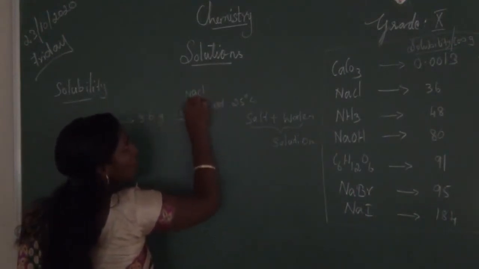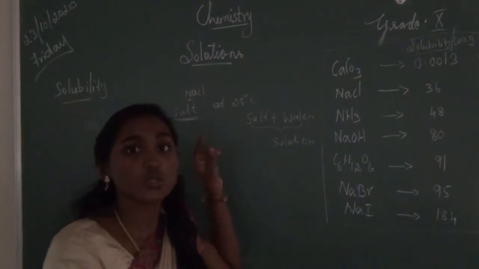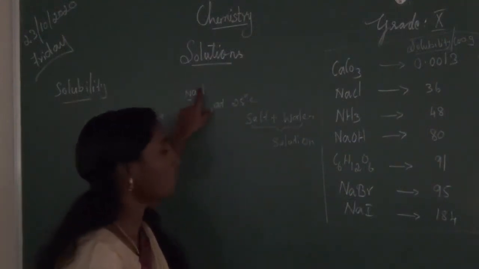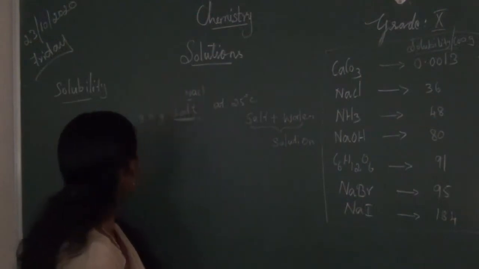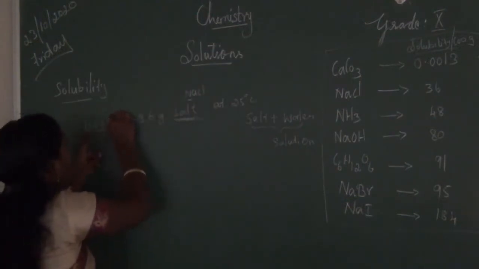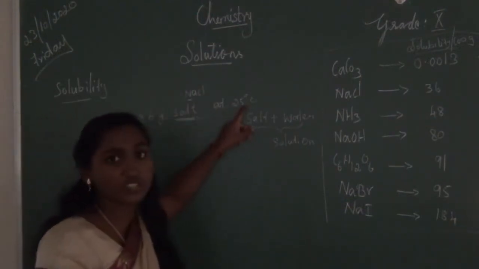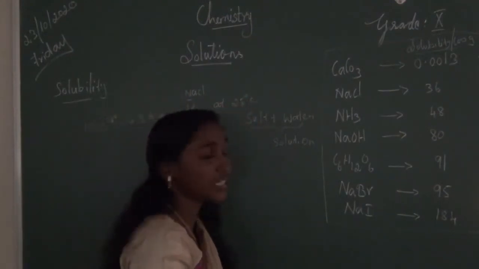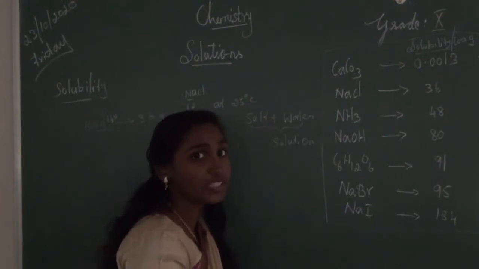Salt, common salt, chemical name is sodium chloride, NaCl. So 36 gram of sodium chloride can dissolve in 100 gram of water at 25 degrees Celsius. Have you understood this solubility?